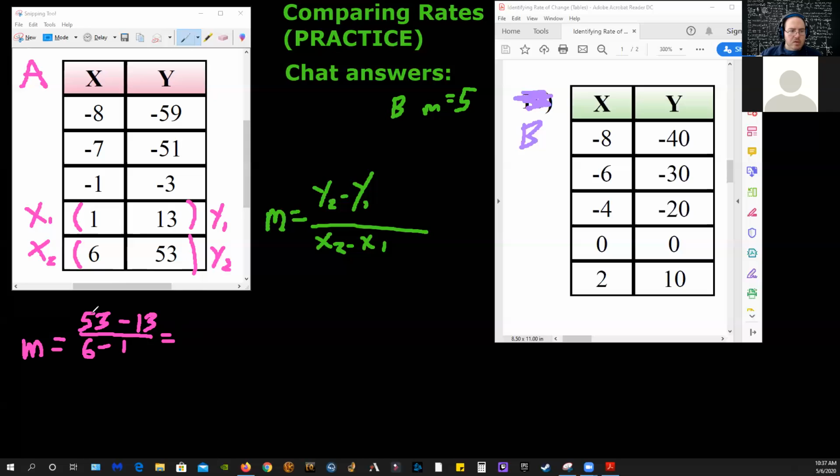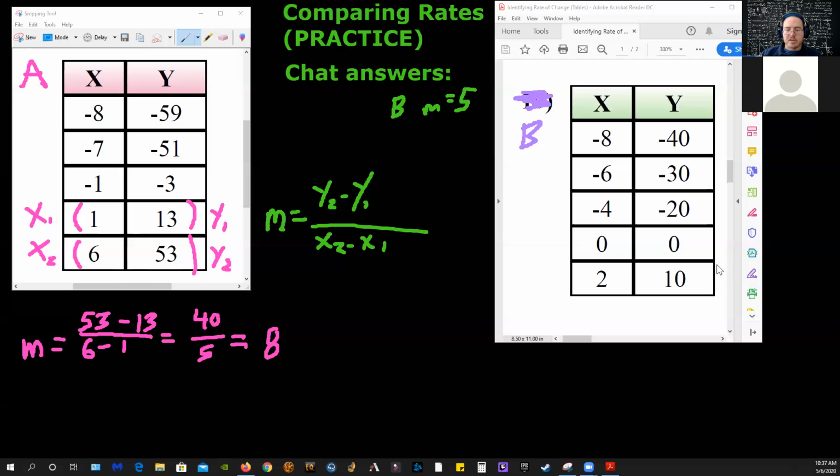So you'd get 53 minus 13, I guess that'd be 40 over 5. I guess that's what you meant. So 40 divided by 5 is equal to 8.